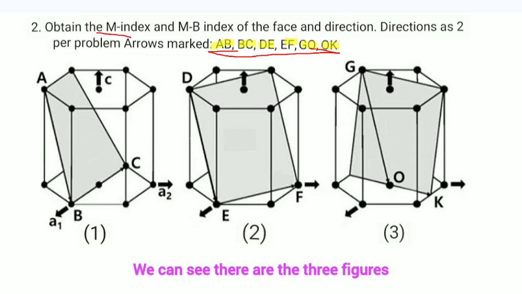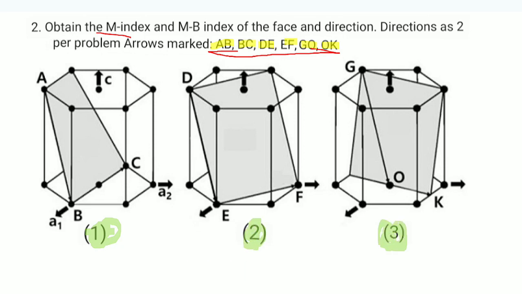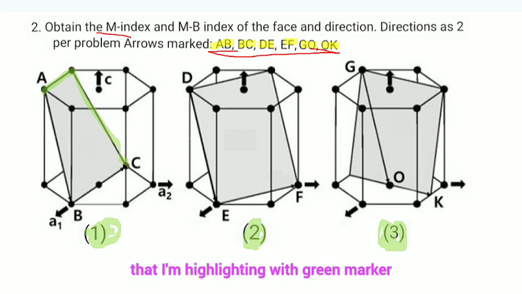We can see there are three figures. This is figure 1, this is figure 2, and this is figure 3. Okay, and we have three different planes here. This is one of the planes that I'm highlighting with a green marker.